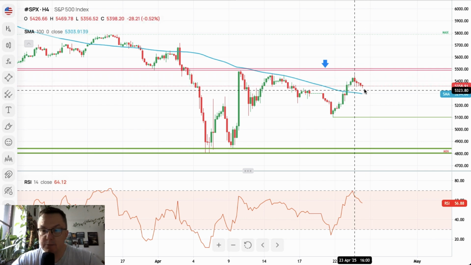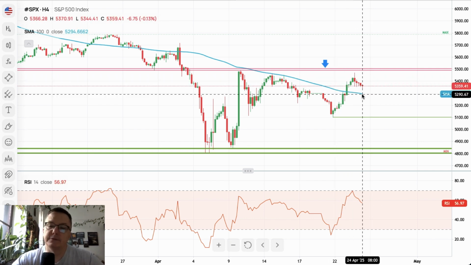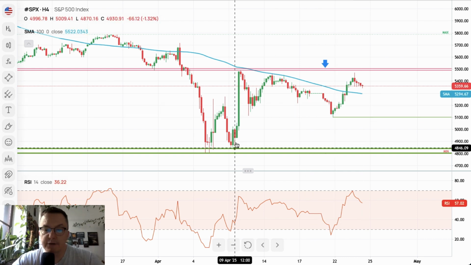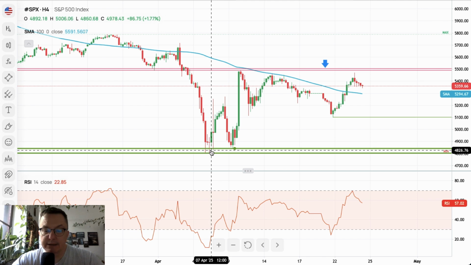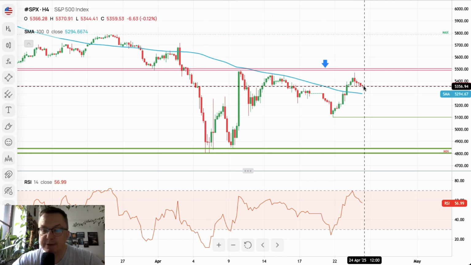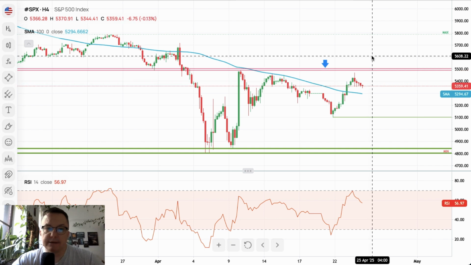Now there is a slight pullback, possibly towards the 100 periods moving average, maybe lower, but it looks like the bulls want to move away from these lows that were made at the beginning of April. At least this week, there's only Thursday and Friday left in trading on the S&P 500, so they want to end this week a little bit higher than it is right now.